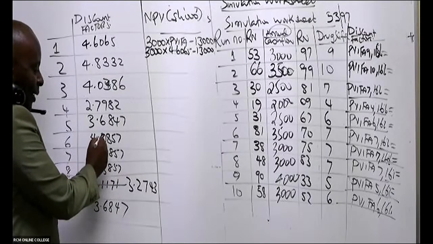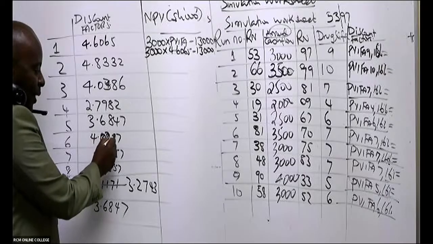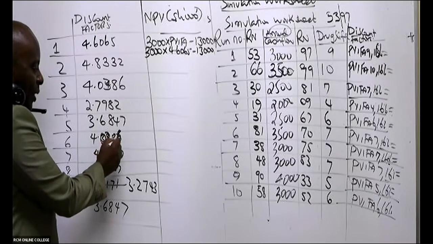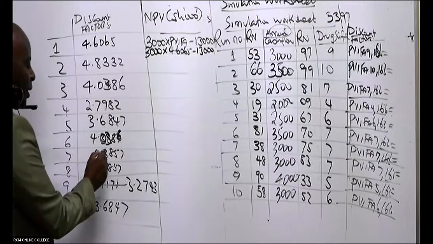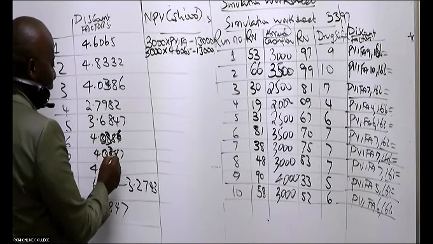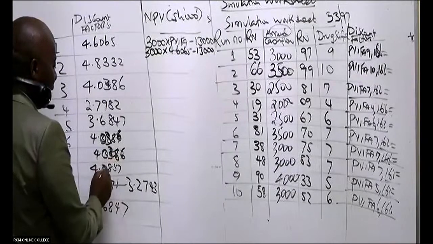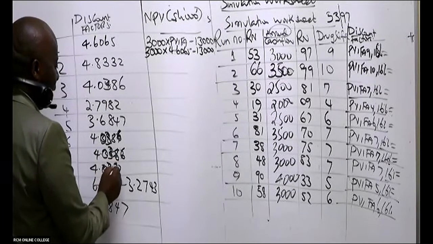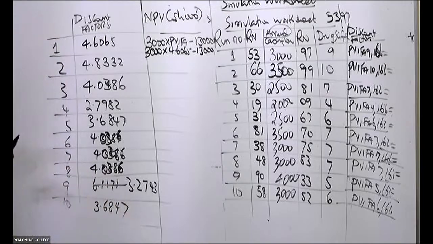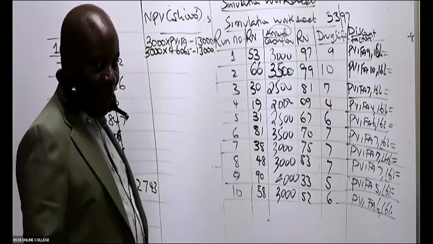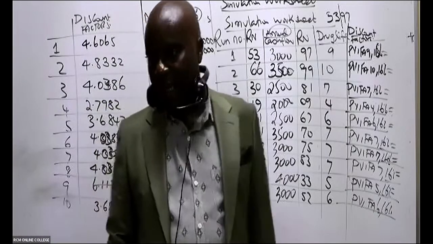Just check again. 4.0386. Check again, that after 5, the number coming up is bigger than 5. So we round upwards, 6 years.